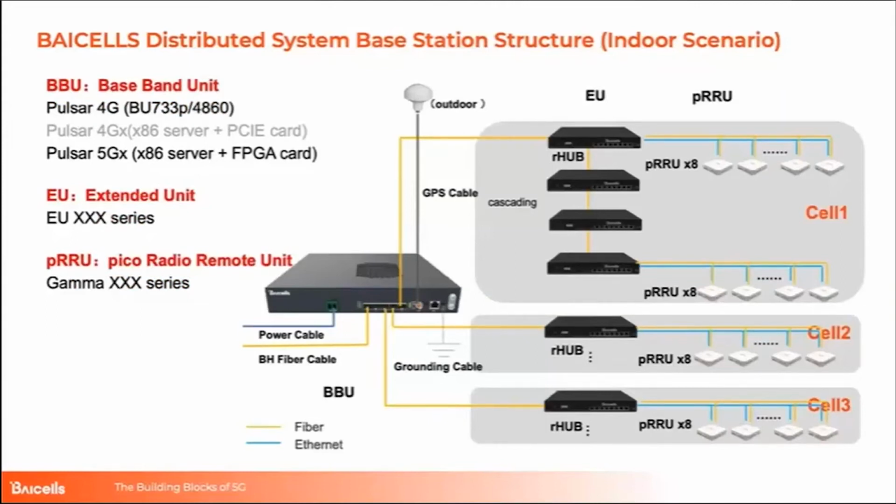So you can have up to 32 radios in one cell for the indoor configuration, or you can scale it the way you want. And this BBU handles up to 3 cells, like 3 fiber connections from the R hubs.